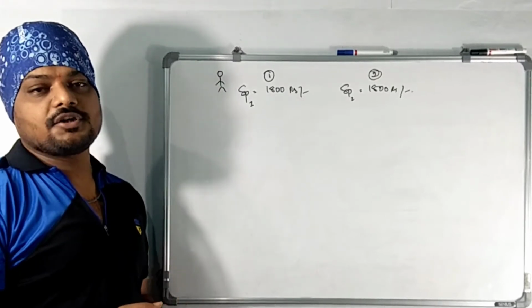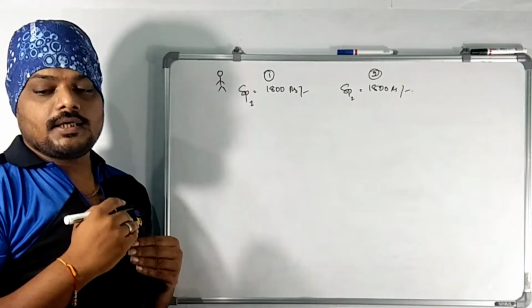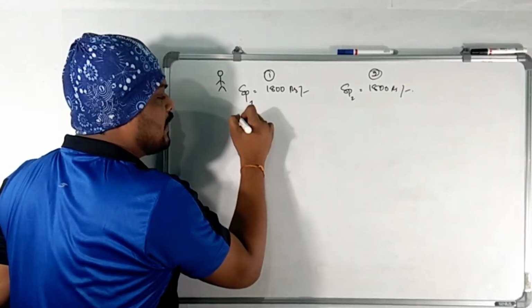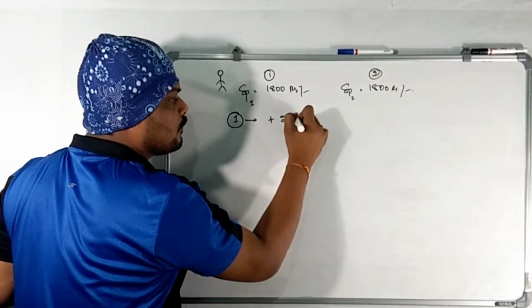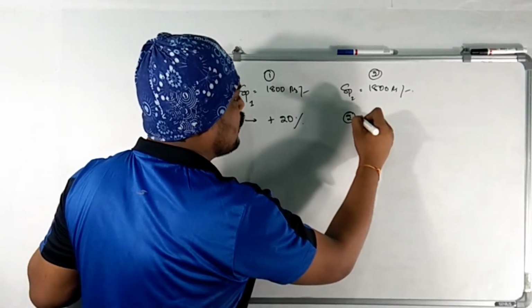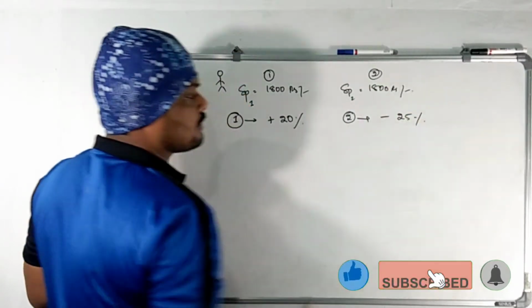In the next condition, on the first article he got 20% profit. And in the second condition, on the second article he got a loss of 25%.